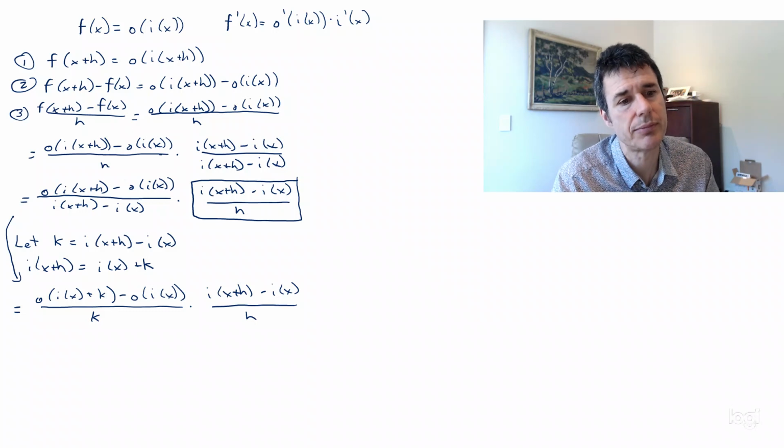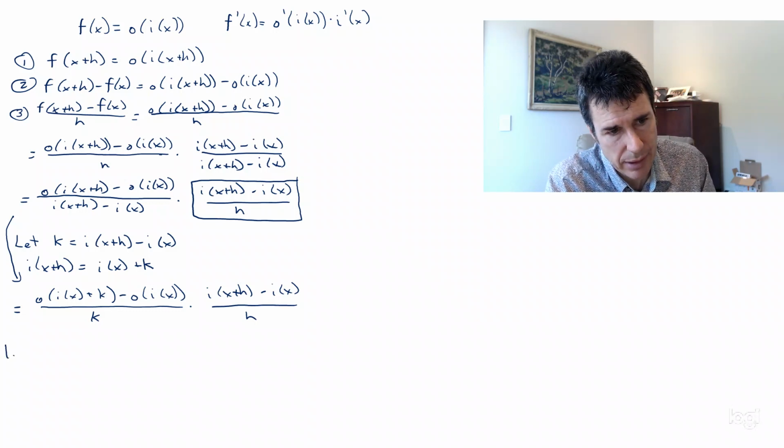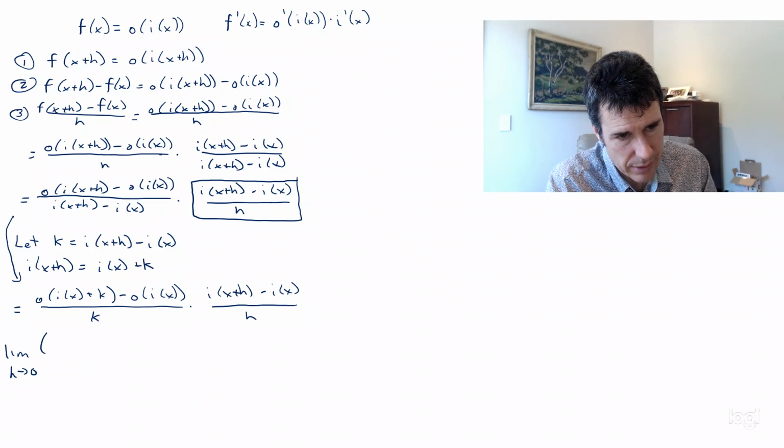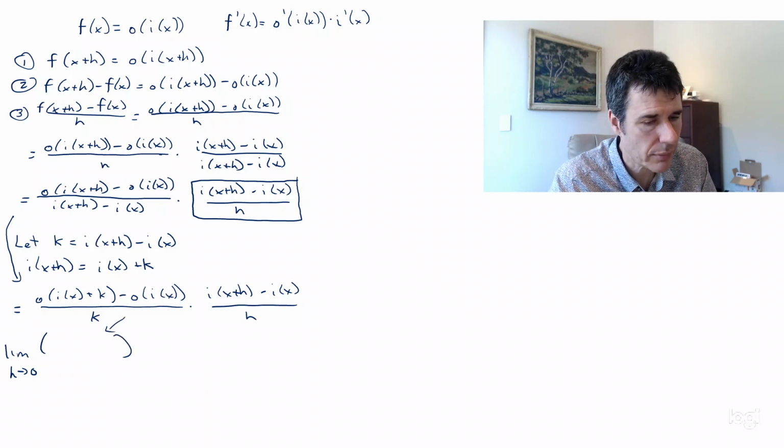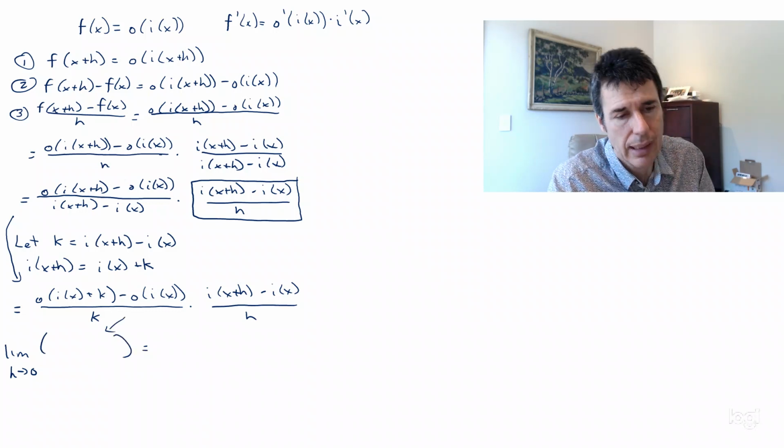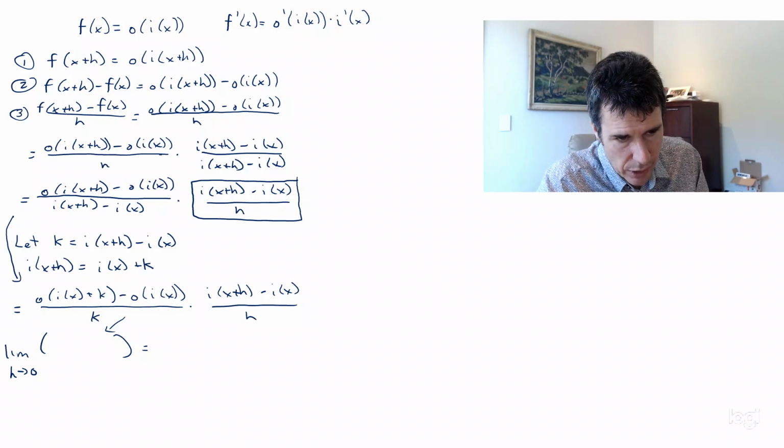All right, so now I'm going to take the limit as h goes to 0 of this stuff. And we know when h goes to 0, k goes to 0. If we have the limit of a product, that's the product of the limits.